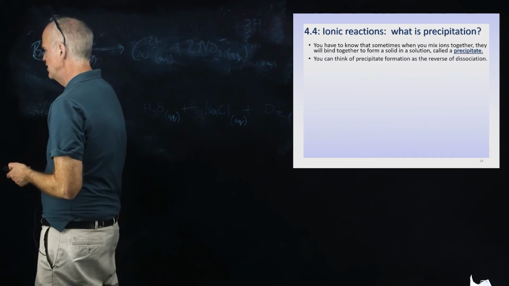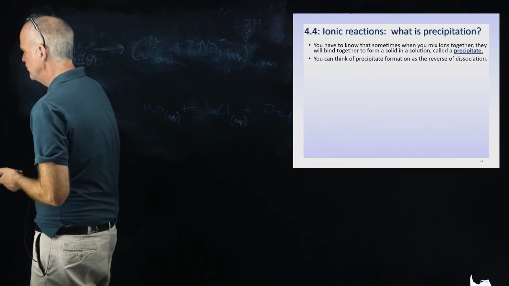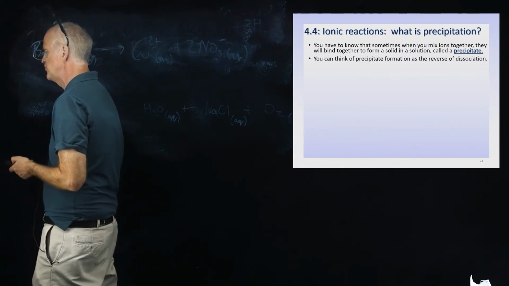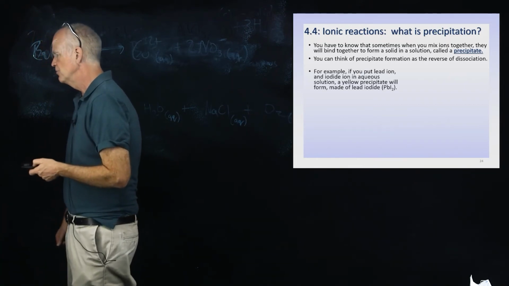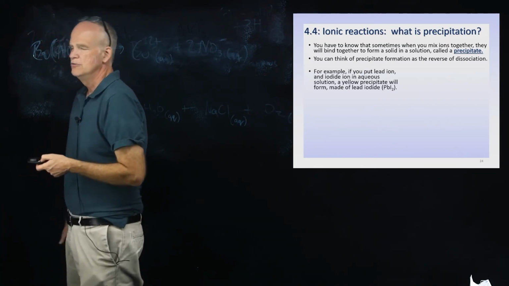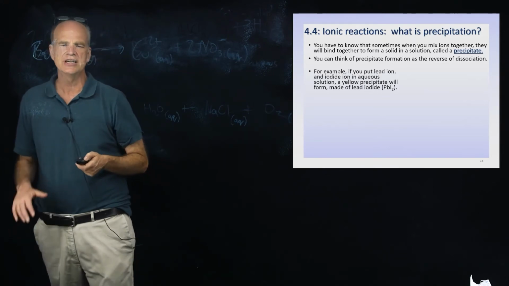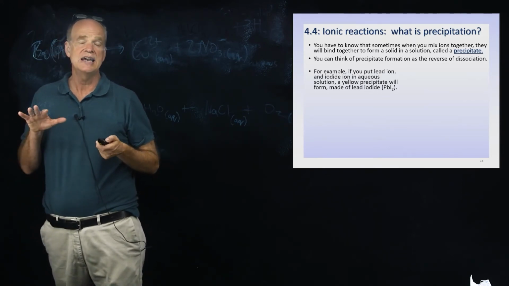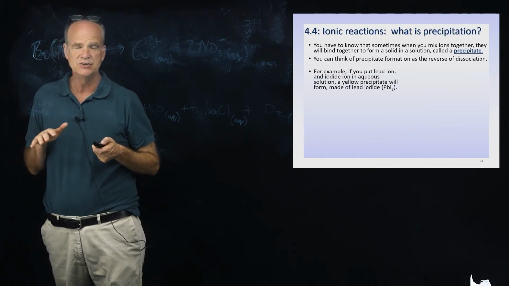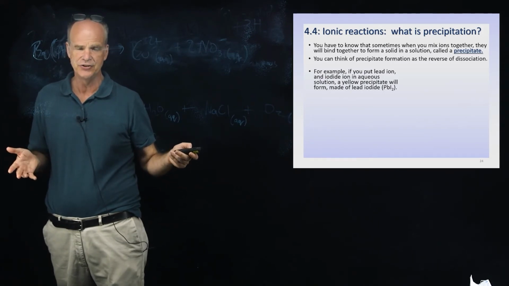Okay, so now you need to understand what precipitation is. Precipitation is kind of the opposite of dissociation. You recall that with dissociation, you take an ionic compound and dissolve it into ions in solution.